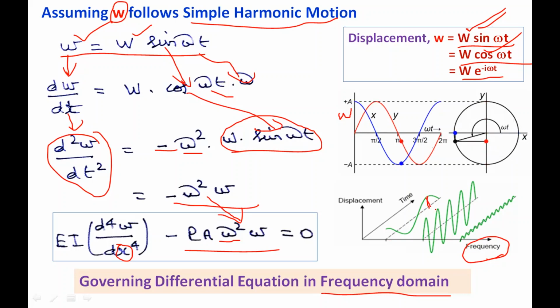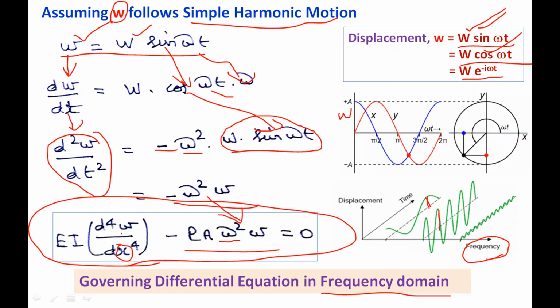If the system has a combination of frequencies, then the frequency domain will give all the information, compared to the time domain, about the various natural frequencies and the amplitude of the vibrations. This is a fourth order homogeneous differential equation, because we are getting d power 4 W by dx power 4. So this is the governing differential equation for transverse vibration of the beam.